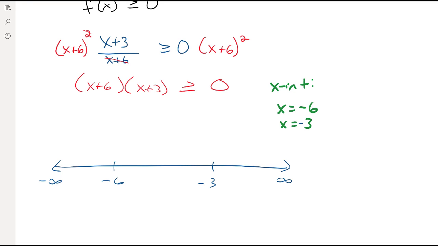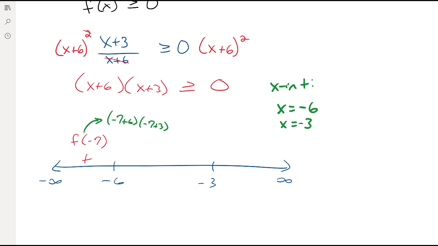All right, here we go. You guys know the drill. I want to know f of, let's say, -7. Think about it. I'm going to do the factoring trick, right? This means it's going to be (-7 + 6) times (-7 + 3). Let's see, we've got a negative times another negative. This is going to be positive in this region here.